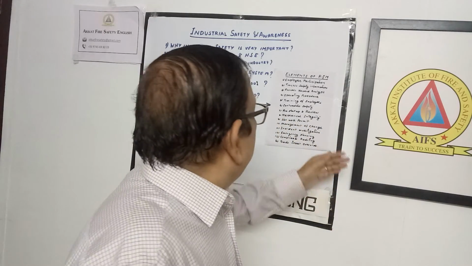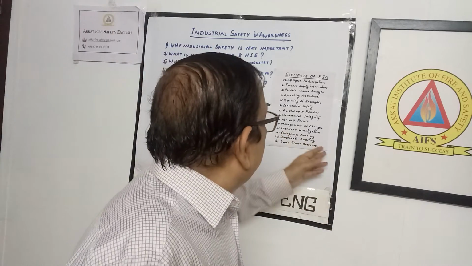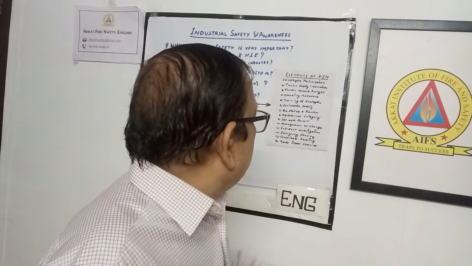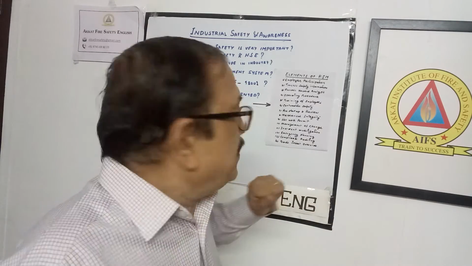Next one is mechanical integrity, and the ninth one is hot work permit, 10th is management of change, 11th is incident investigation, 12th is emergency planning, 13th is compliance audit, and 14th is the trade secret. Alright, so these are the basic process safety management rules and regulations to be adopted by any industry.